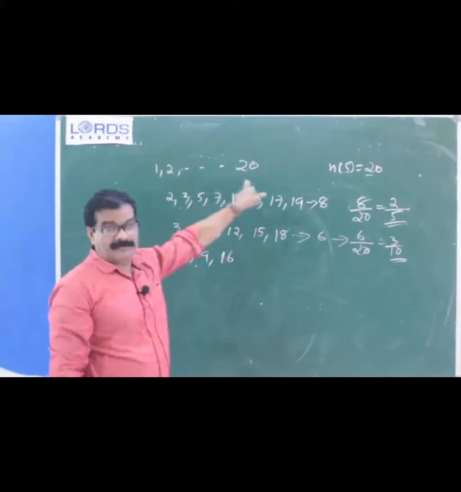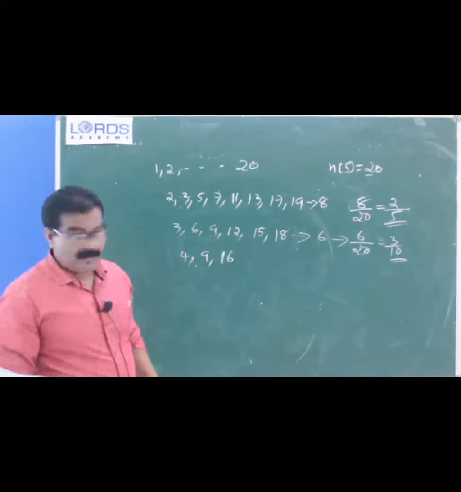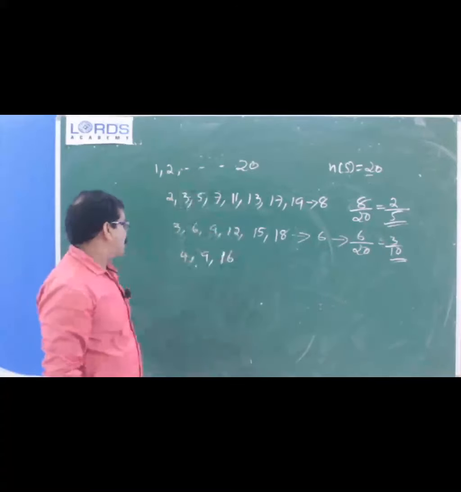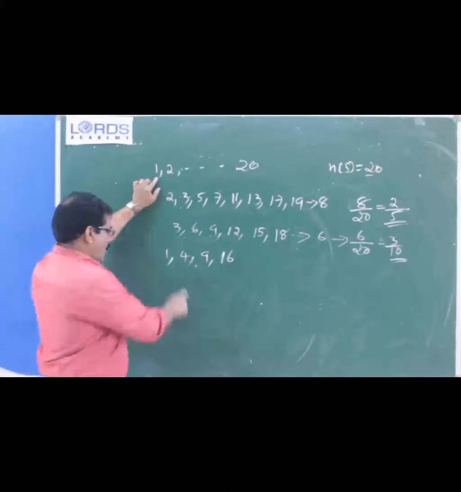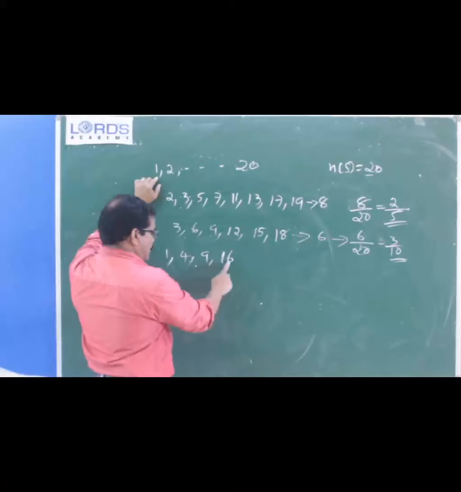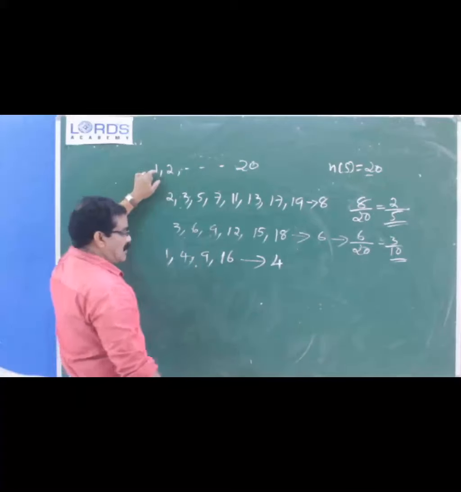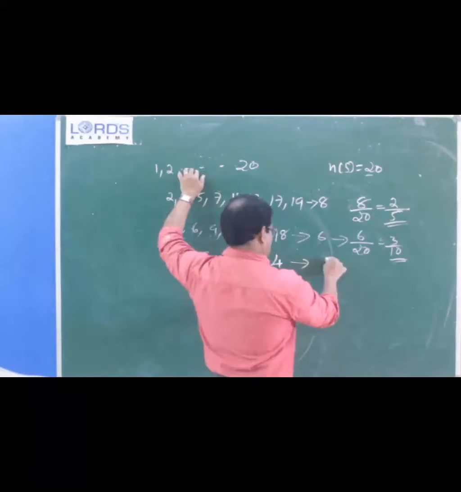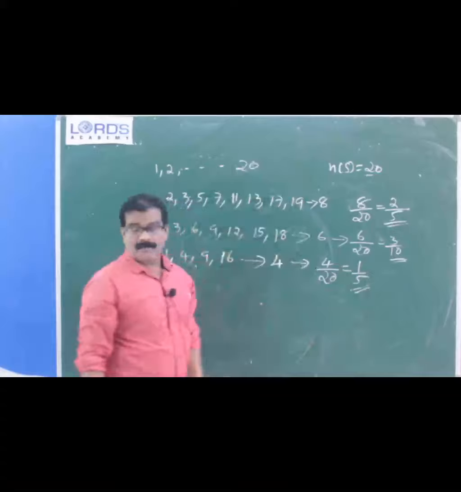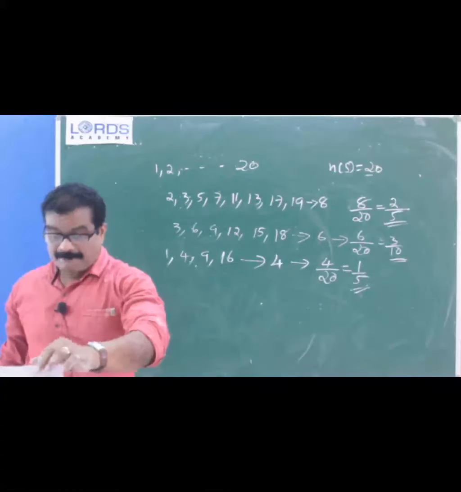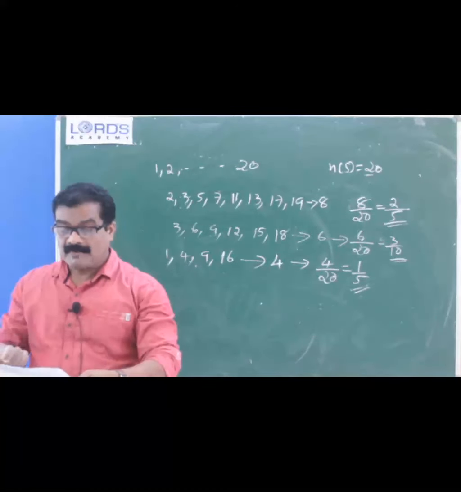Between 1 to 20, 1 is also a perfect square. 1, 4, 9, 16. So you will get the number of favorable cases as 4. Therefore, probability of getting that is 4 by 20, equal to 1 by 5. Okay. I think all of you understood these parts. The others are repeated questions.